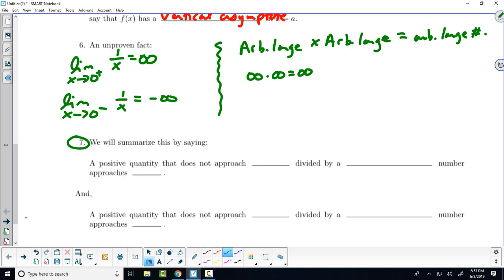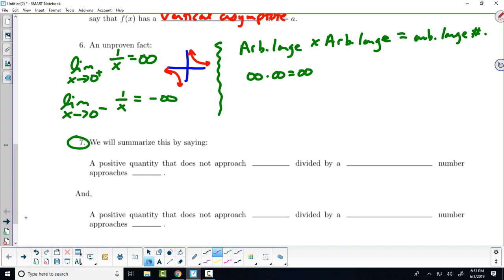Why is it negative infinity? Great question. Let's look at that. What does the graph of 1 over x look like? It's the reciprocal function.